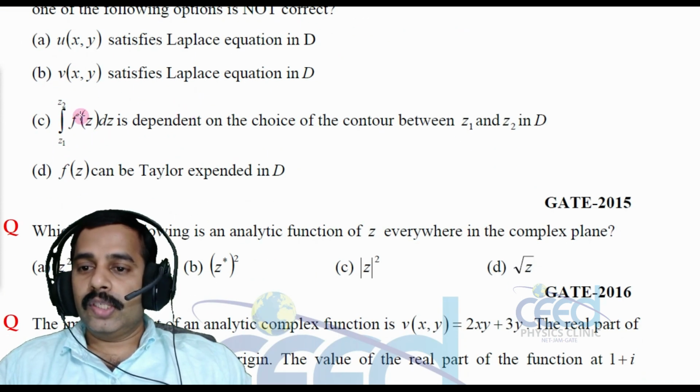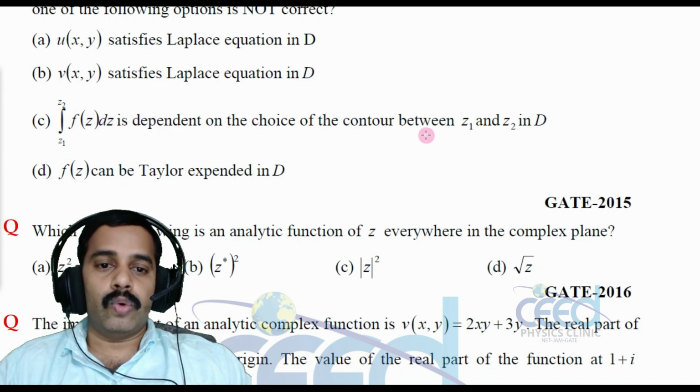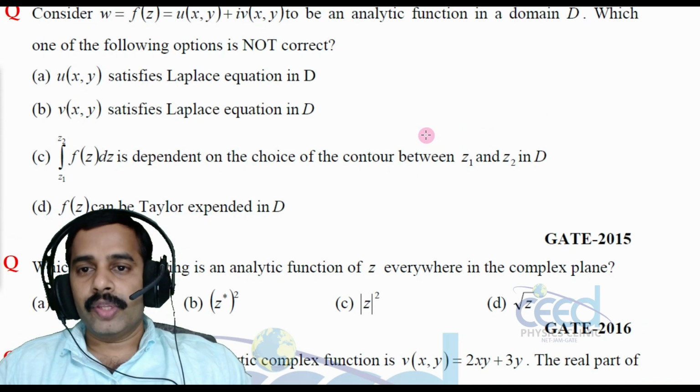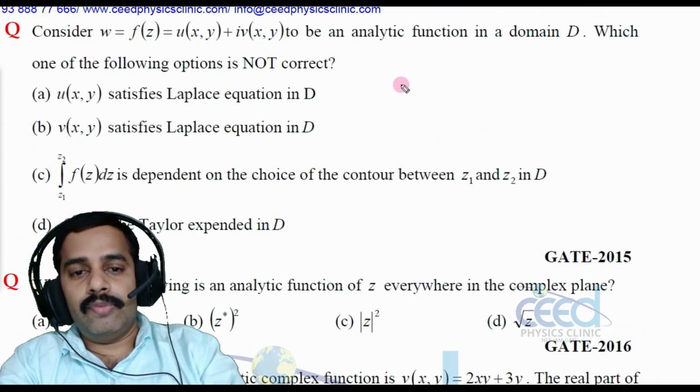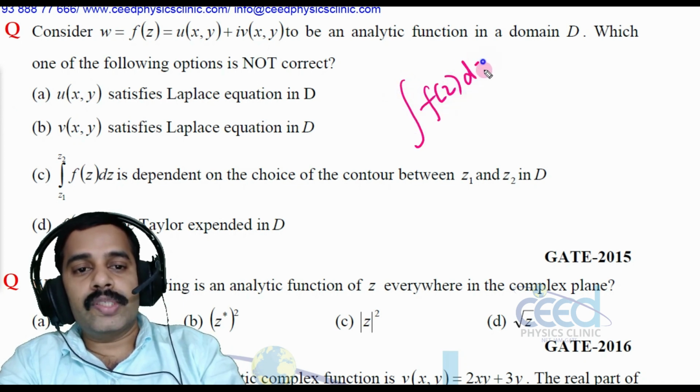And the integral from z1 to z2 of f of z dz depends on the choice of the contour between z1 and z2. For an analytic function, if a function is analytic everywhere, then the integral of f of z dz value is 0, right?